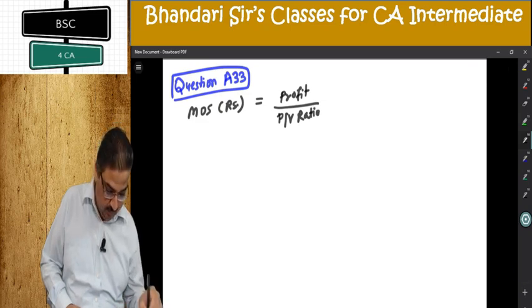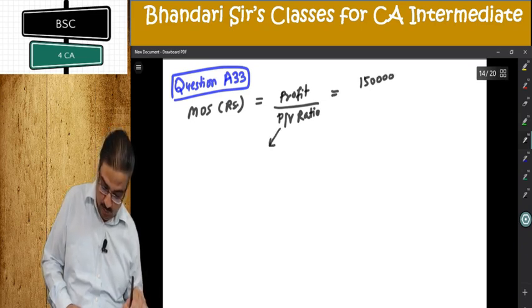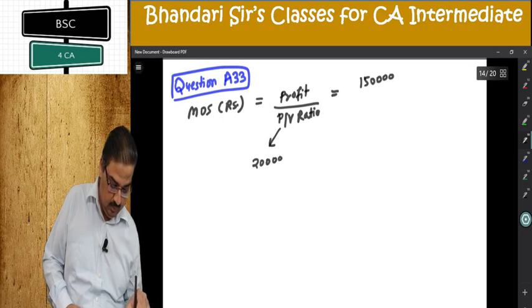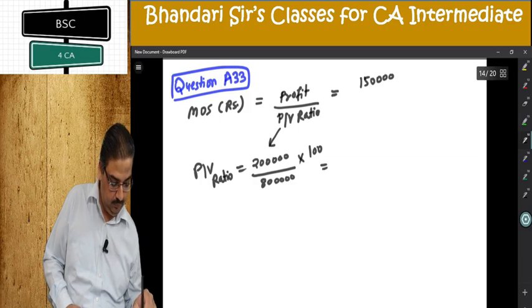Now, profit is given 1,50,000. What is PV ratio? Contribution divided by sale. 2 lakh divided by 8 lakh into 100, 25%.